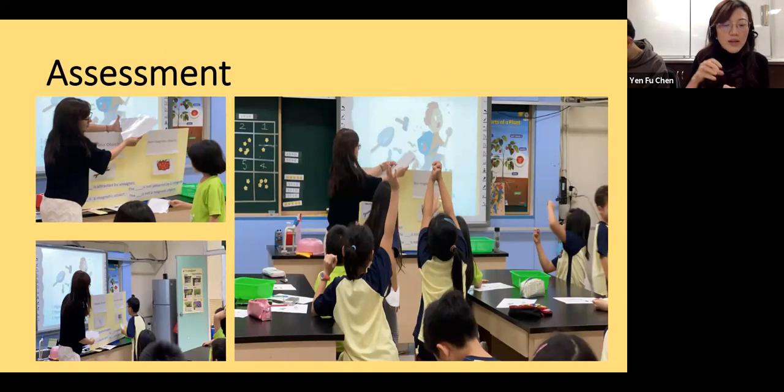After each draw, they would show the card and say the word, for example, spanner or paper clips. Then they would place it in the right category.